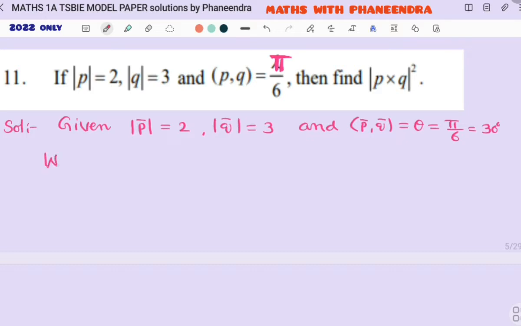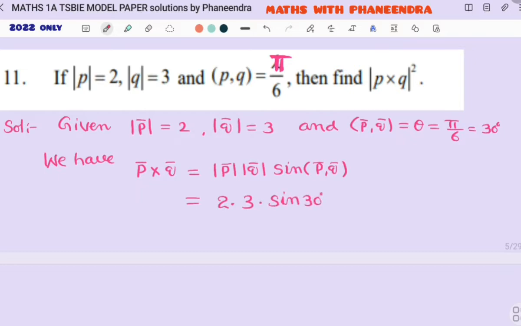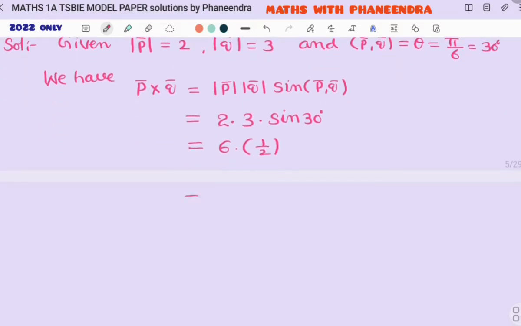We know that the cross product of two vectors, P bar cross Q bar, has magnitude equal to mod P bar into mod Q bar into sine of the angle between P bar and Q bar. So mod P bar is 2, into mod Q bar is 3, into sine 30 degrees. So 2 3s are 6, into sine 30 which is 1 by 2, which is equal to 3.